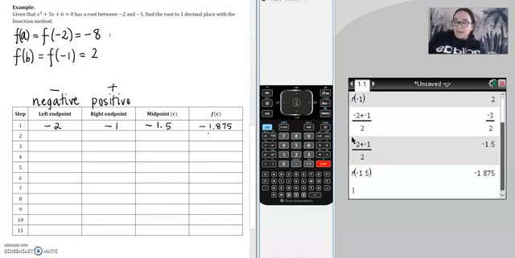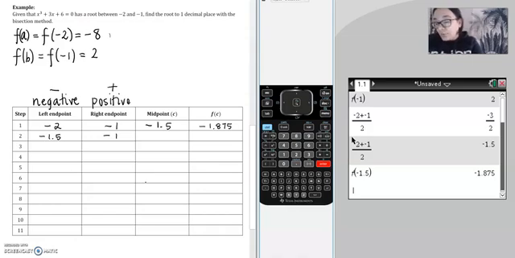So instead of us comparing between negative 2 and negative 1, because the left endpoint was the one with the negative, my left endpoint will now be my c value. So instead of going between negative 2 to negative 1, my solution is going to be hopefully somewhere between negative 1.5 and negative 1.